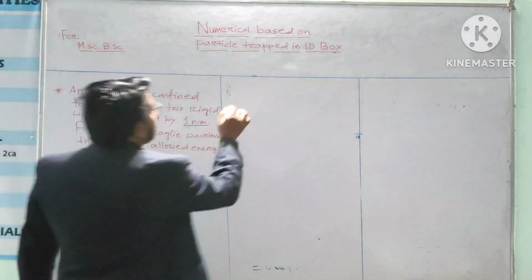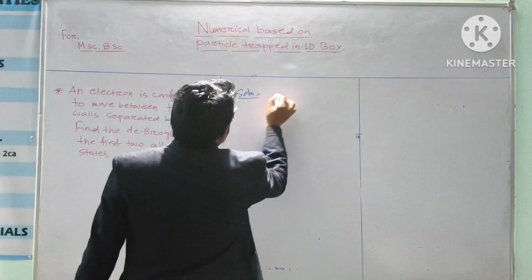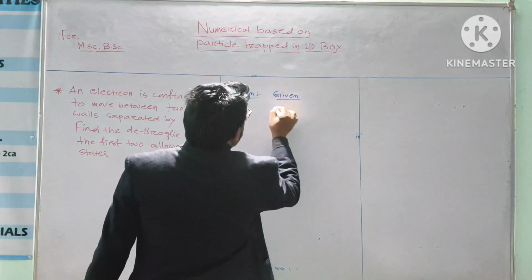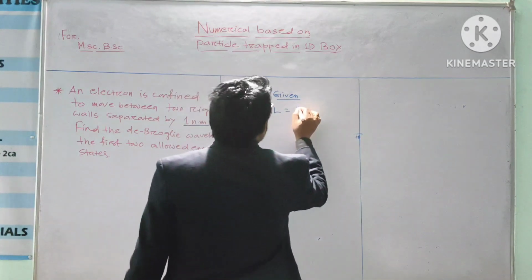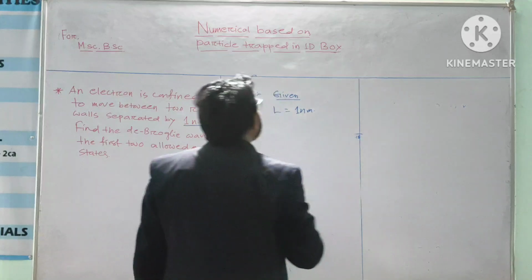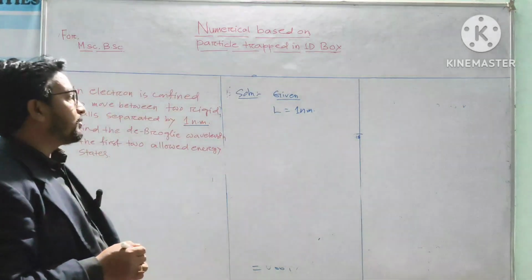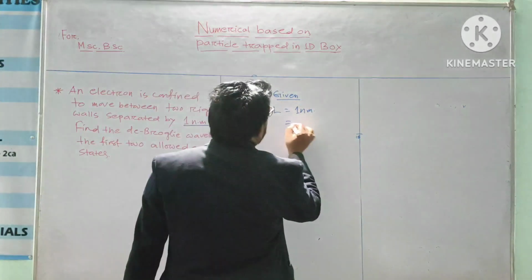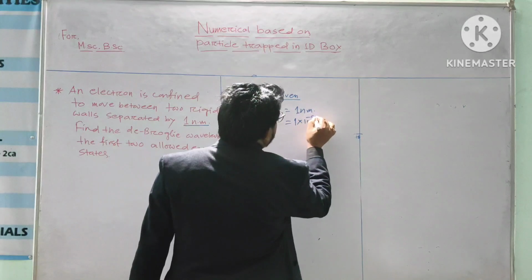Solution: the given information is L equals 1 nanometer. Nanometer is not the SI unit of length, so it should be converted to the SI system. 1 nanometer is equal to 10 to the minus 9 meter.